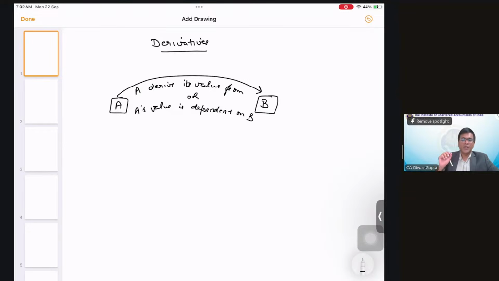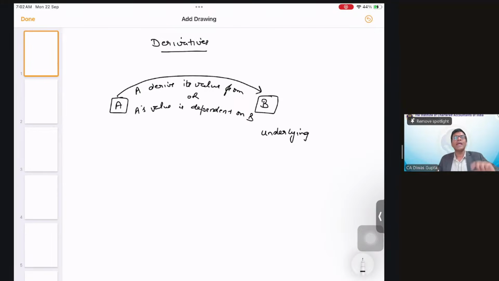This type of arrangement is called a derivative, and A is called a derivative because A is deriving its value from an underlying. So what we call B here is called the underlying. Underlying means what is the basis, what is behind the value, right? So B is an underlying.